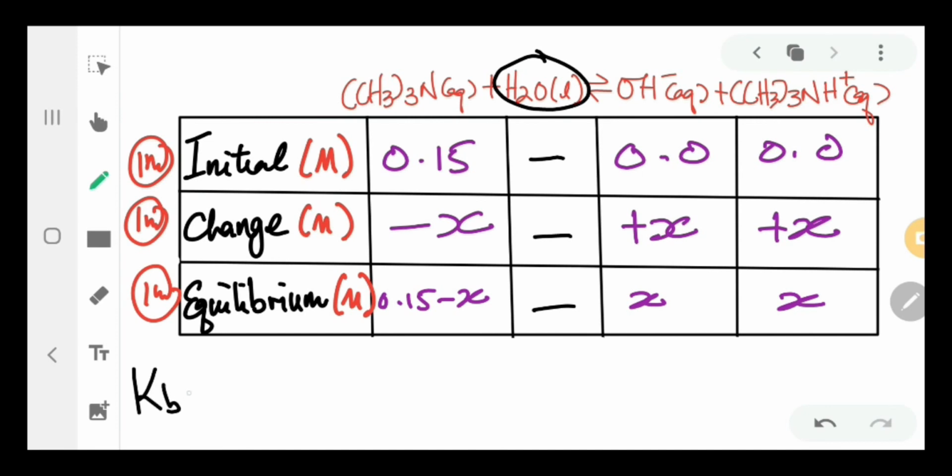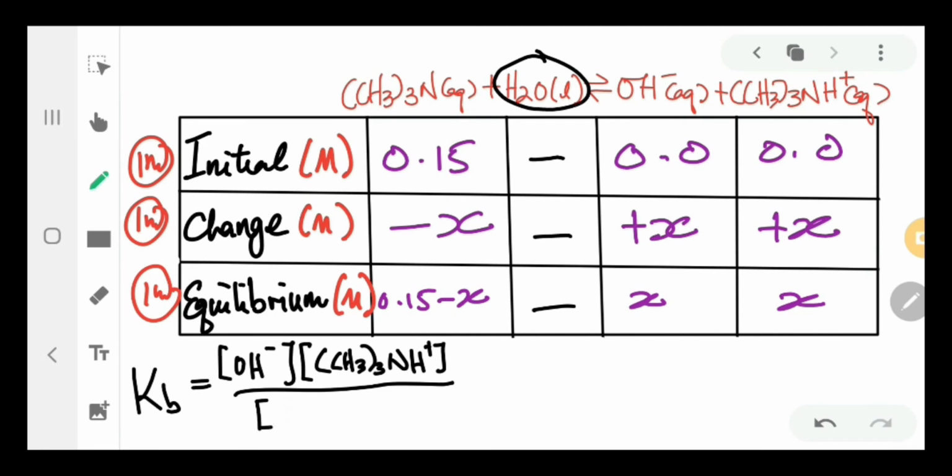So what about the Kb expression? We need to write the Kb expression. The Kb expression would be concentration of OH minus times concentration of your positively charged species, CH3NH3 plus. And when you plug in the value, the value that we can put into your Kb and Ka is the value at equilibrium.